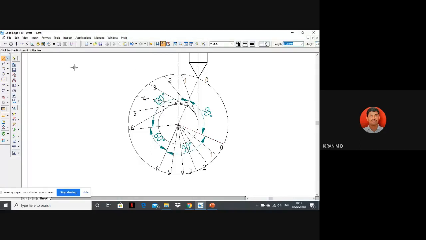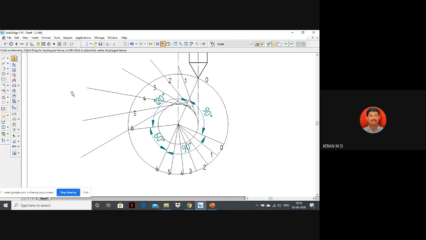Okay. So then, just what I will do here. Manually, you have to draw line like this. Okay. Similarly, here also.